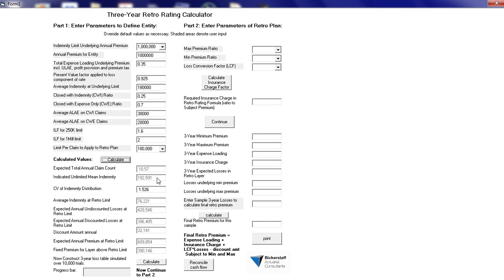The distribution whose mean is 192.5, limited to 1 million, is 180,000. So we kind of extrapolated up to get to that 192.